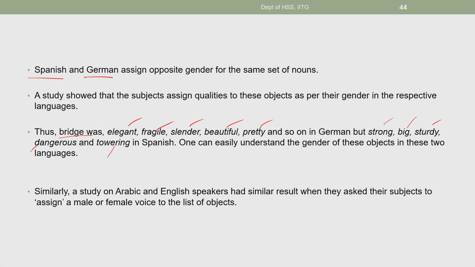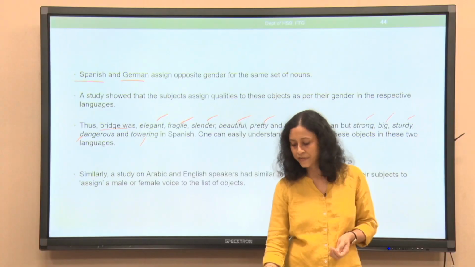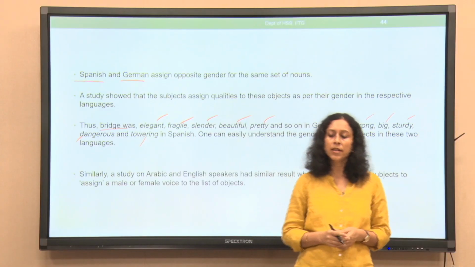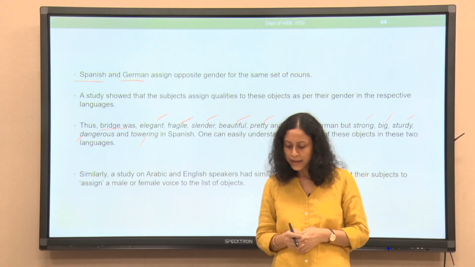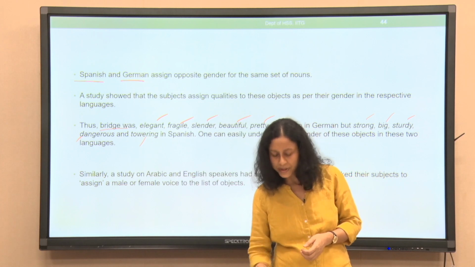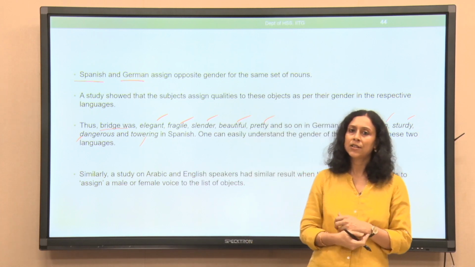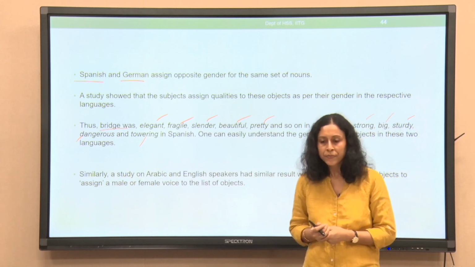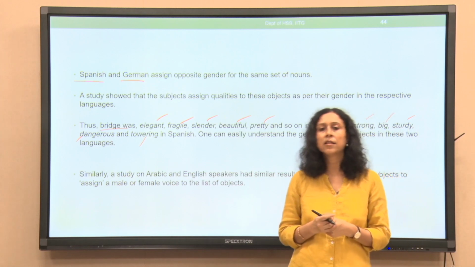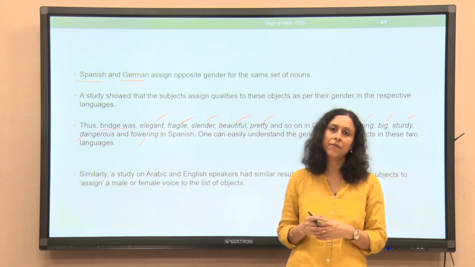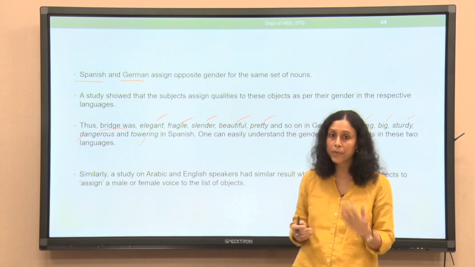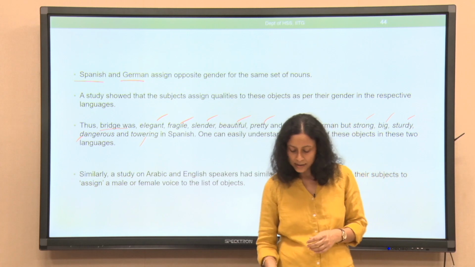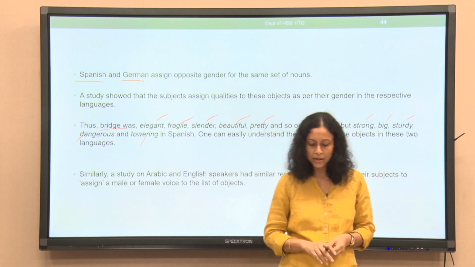So, you can already see that these adjectives are typically feminine in the case of German and typically masculine in Spanish. One can easily understand that the gender of these objects in these two languages has some impact on the way you look at them, because there was no instruction to think in terms of either feminine or masculine. They were just asked to give appropriate adjectives for these nouns, and this is how it turns out.